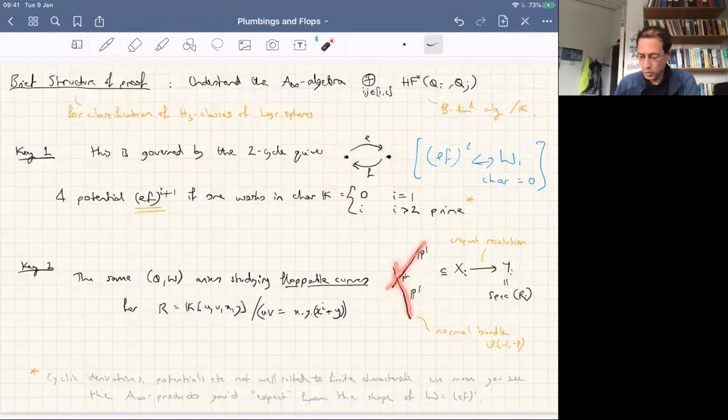Each of these curves has normal bundle O(-1) plus O(-1), and you can study inside the derived category of sheaves on Xi the part of the derived category just involving the simple line bundle O(-1) supported on either this curve or this curve. And that gives you 2 objects which by standard theory of threefolds turn out to be spherical. And you can do some work and understand that piece of the derived category and find that the same quiver with potential shows up.